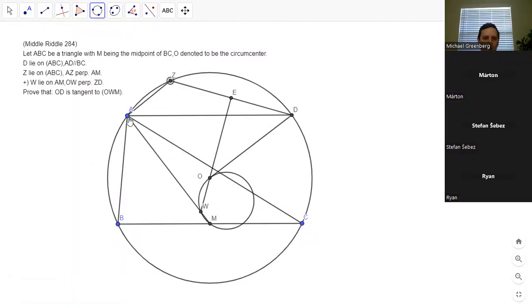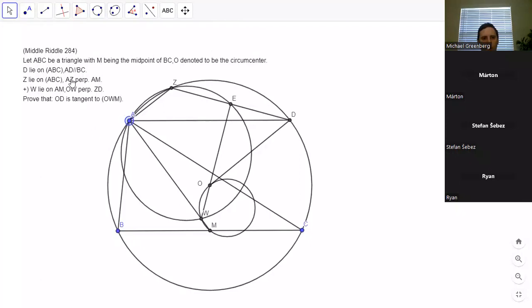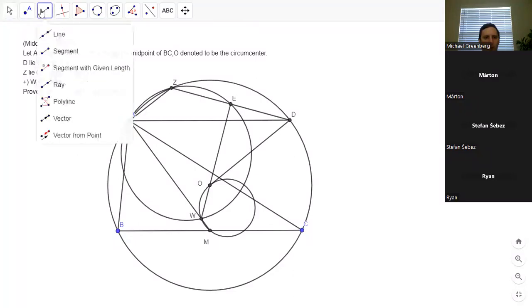Because this is a right angle and that's a right angle. All right, but this is also a right angle, O and C.